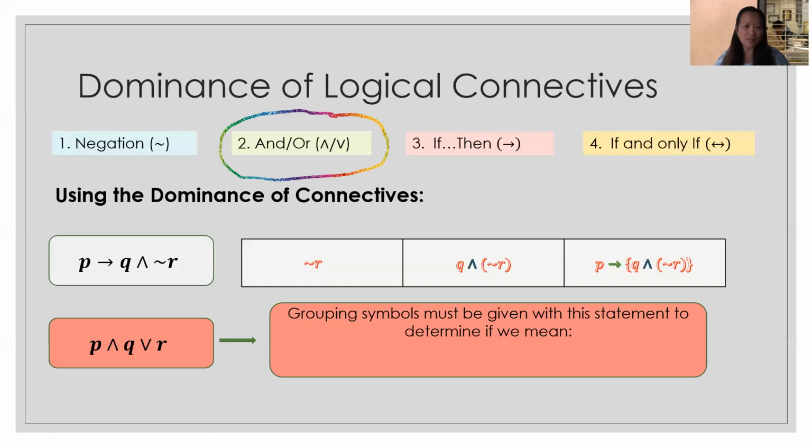So in this case, you could mean P and parentheses Q or R, so that means Q or R first, and then the and second. Or you could mean P and Q, and then or R. Okay, so grouping symbols, parentheses, brackets, whatever you want to do, help clarify these order of connectives, just like order of operations, you need parentheses, right?